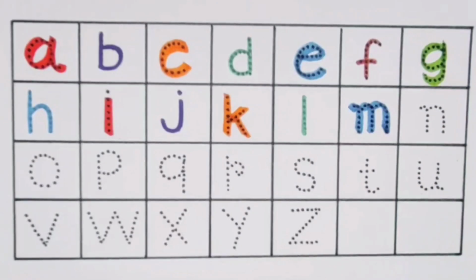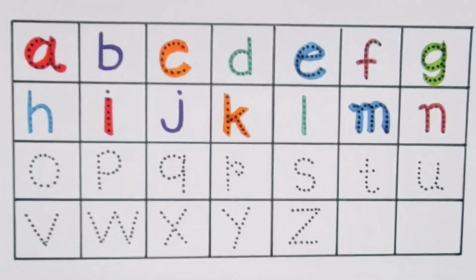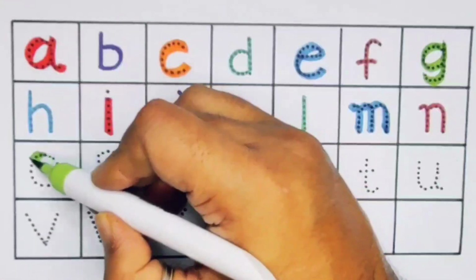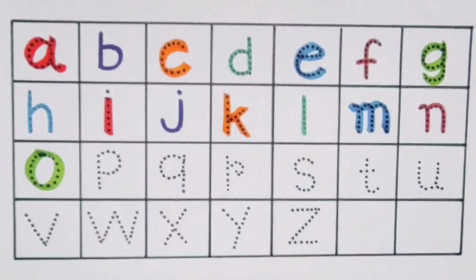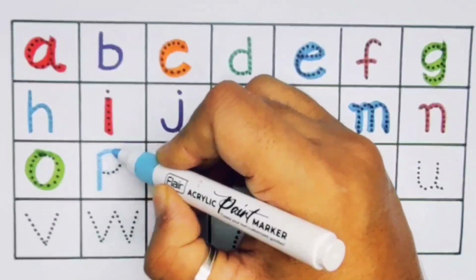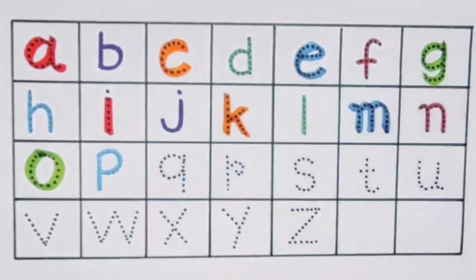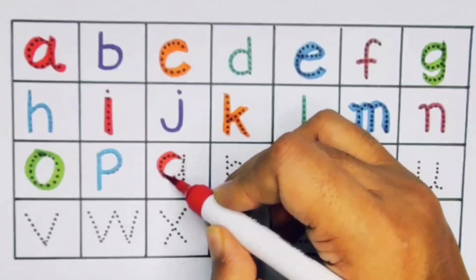Next, N for nose. Next, O for orange. Next kids, P for peacock. Next, Q for quail.